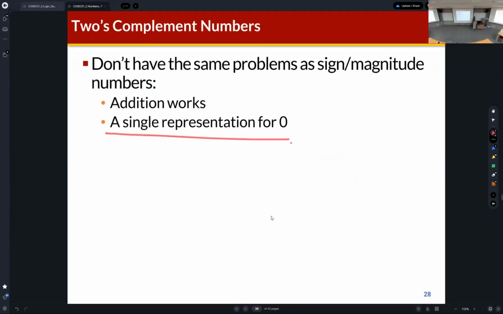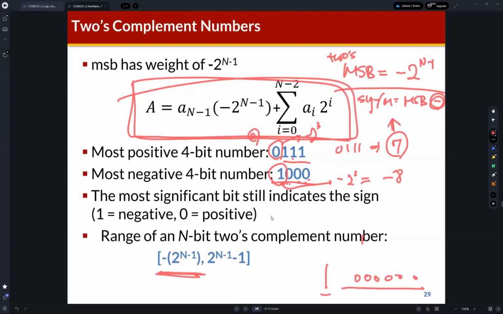So we use two's complement number system for signed numbers. So this is the definition of a two's complement number system. So this is a definition. So which means you need to memorize the definition of this two's complement number system.